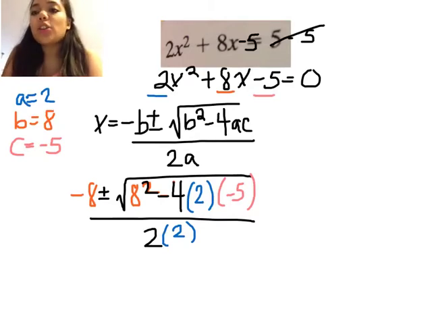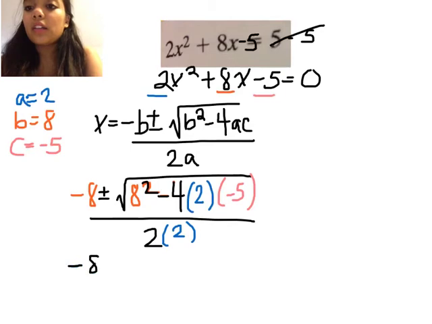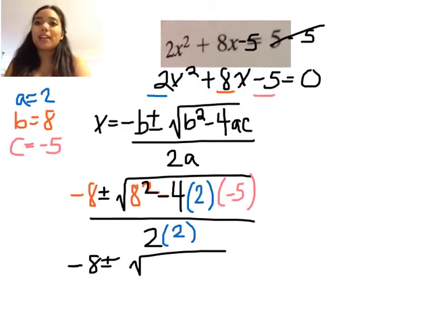Okay, so I color-coded it because some of you, it helps, and some of you find it very annoying, and I don't really care. So negative 8 plus or minus the square root of b squared minus 4ac all over 2a. So negative 8, I'm going to write everything else now in black, plus or minus the square root of 8 squared, 64 minus 4 times 2 times negative 5 is plus 40.